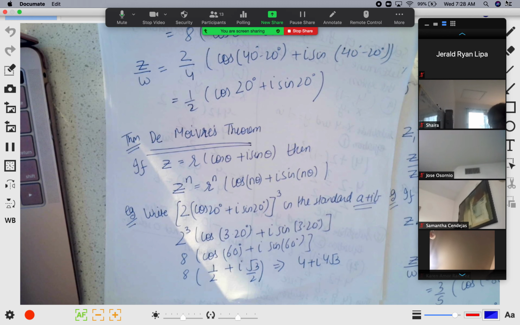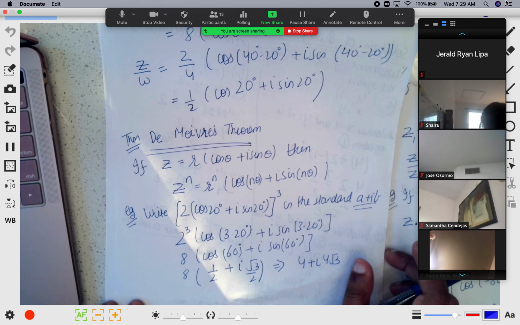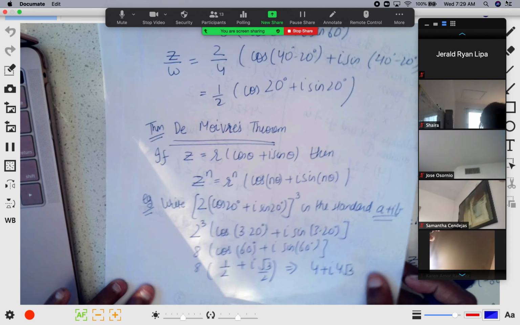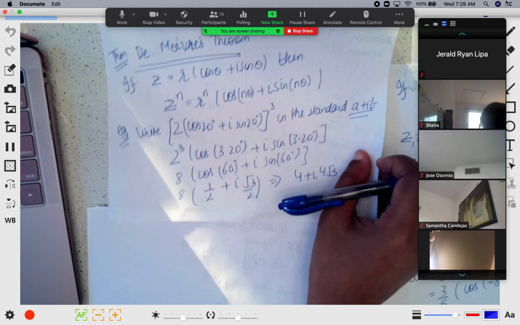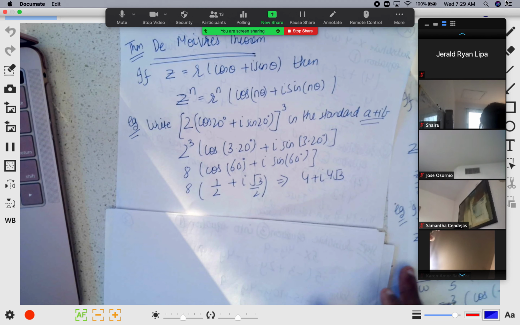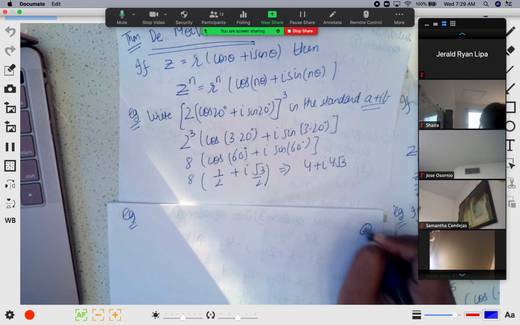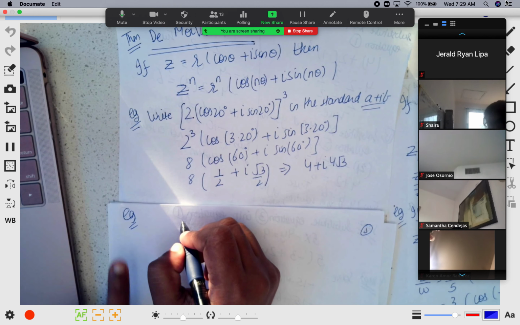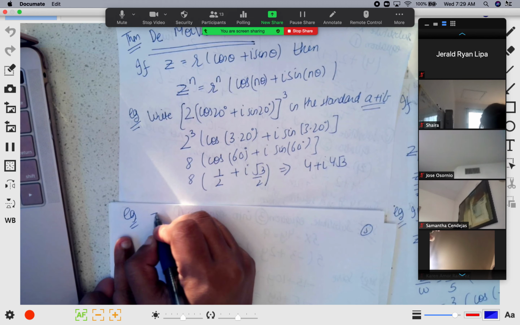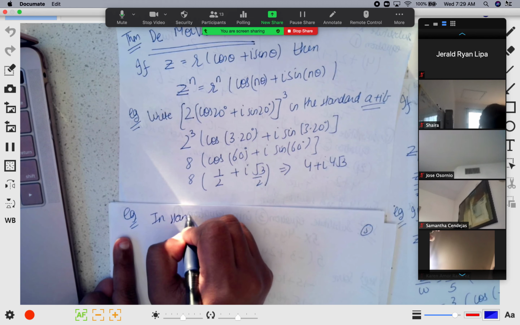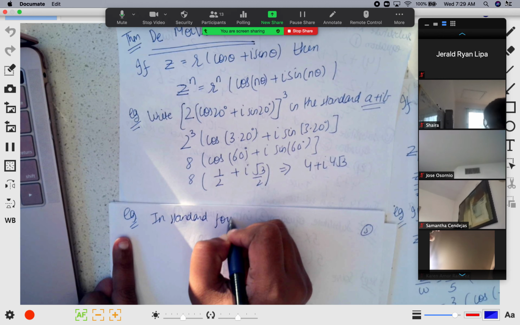So let's do an example here. You are given, you have to convert into standard form A plus IB.